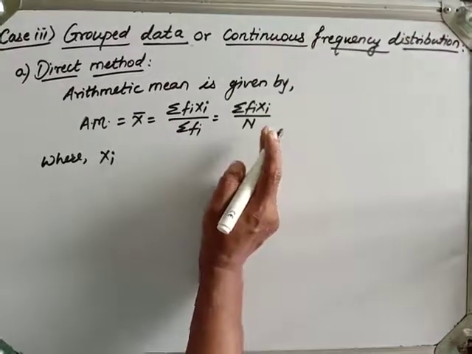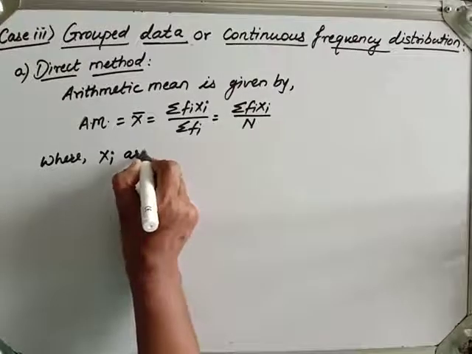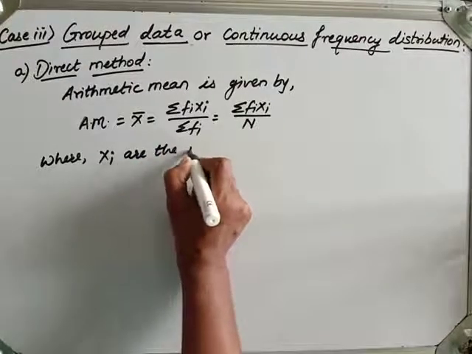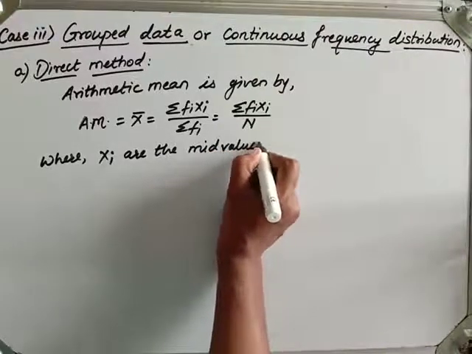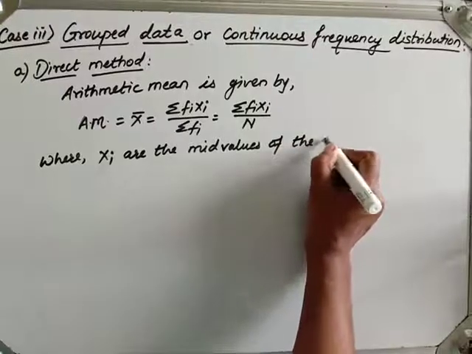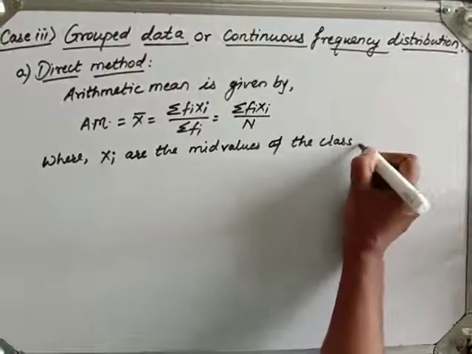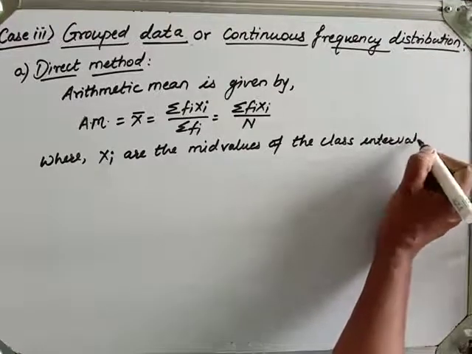Because xi's are not directly given here, class intervals are given. So xi's are the midpoints or the mid values of the class intervals. And what is the formula to determine them?